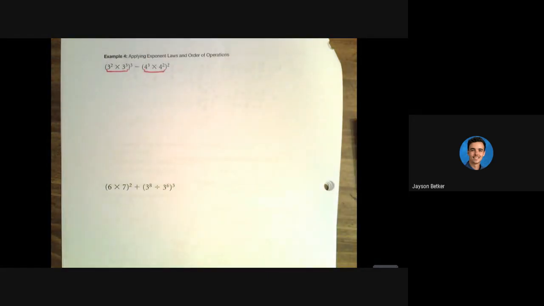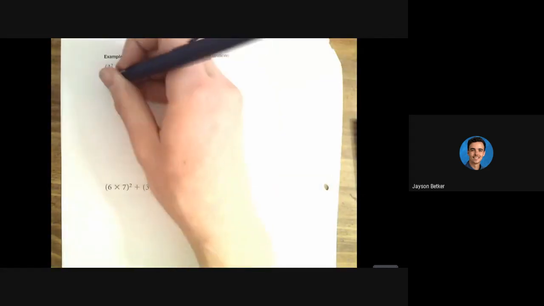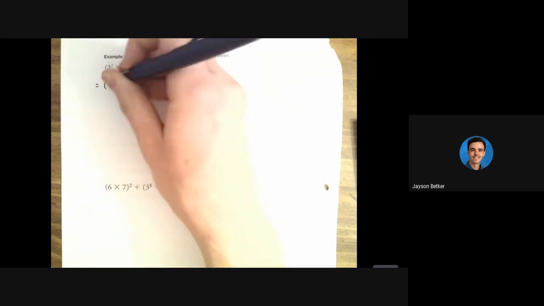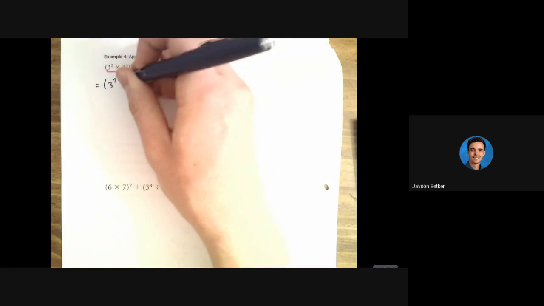And those look like what we did in the last lesson: 3^2 times 3^3 is just 3^(2 plus 3), all of that raised to the 3. And here we have 4^(3 plus 2) raised to the 2.